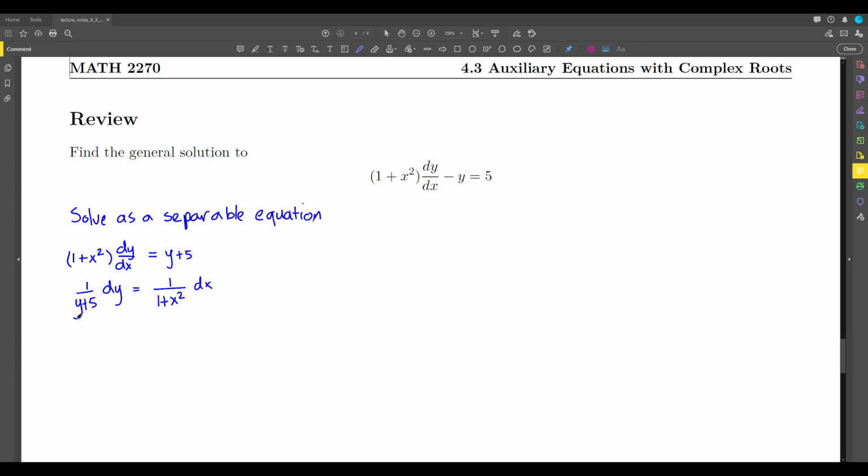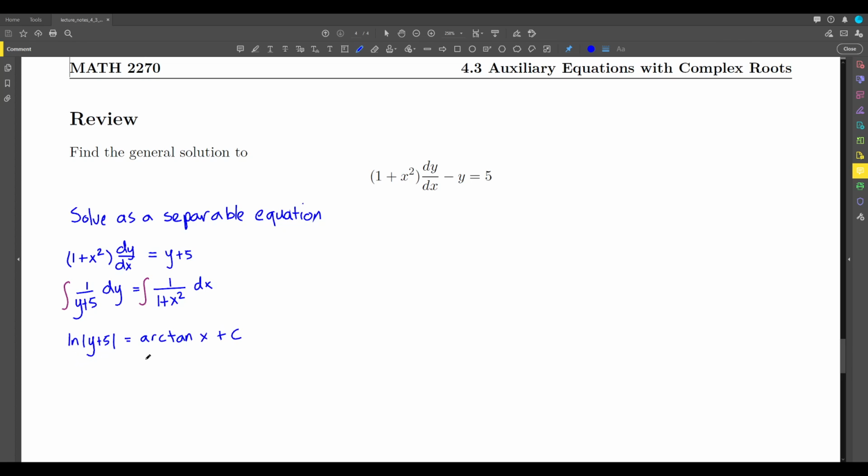So the next step then is to integrate both sides. And on the left, we get ln|y + 5| equals arctan of x plus a constant of integration.